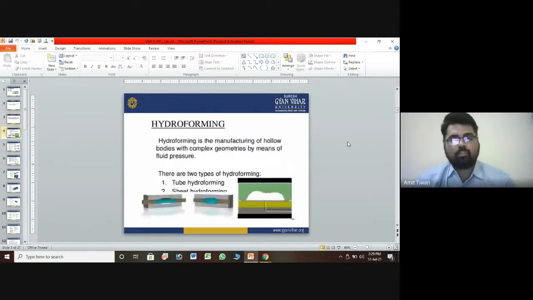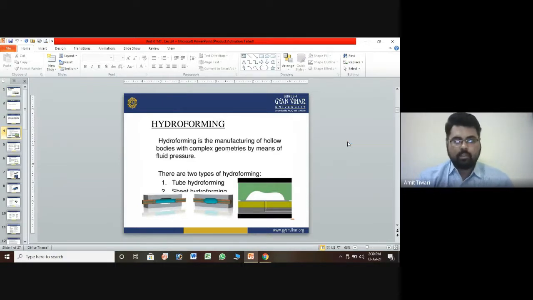First of all, we are discussing what hydroforming is. It is the manufacturing of a hollow body with complex geometry by means of fluid pressure. Basically, hydroforming is formed from hydro, which means liquid, and forming, giving shape by hydraulic pressure.